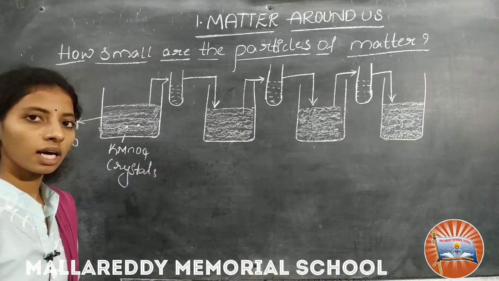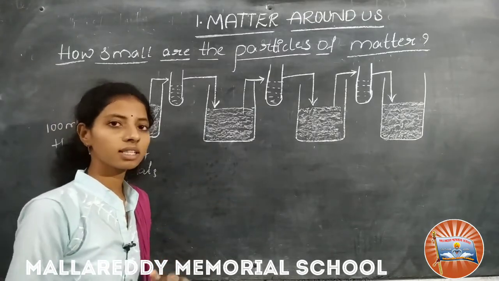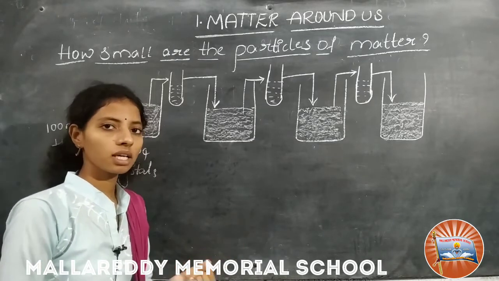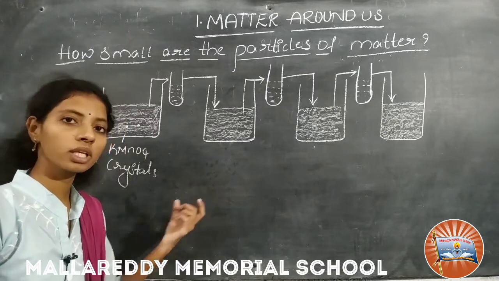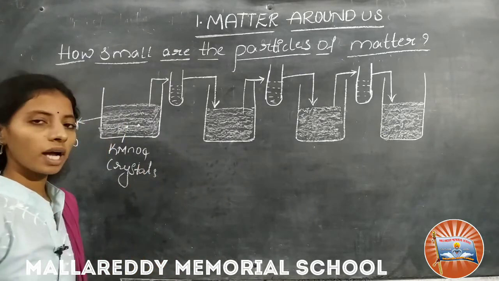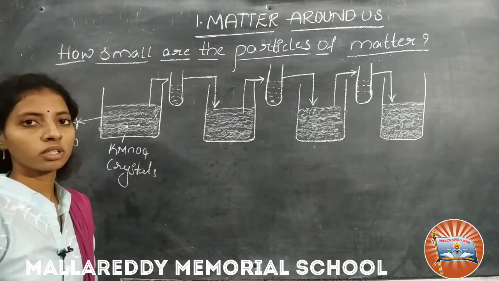Remember that in solids the particles are arranged tightly. The tiny particles are closely arranged, so the attraction will be more in that. That's why the particles will evenly spread throughout the solution.